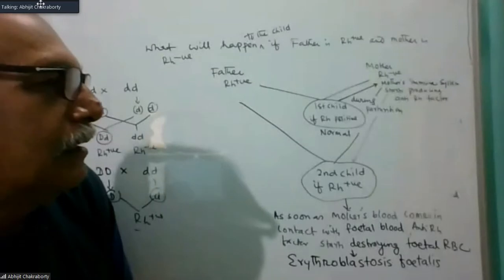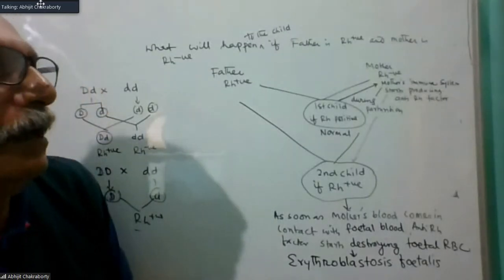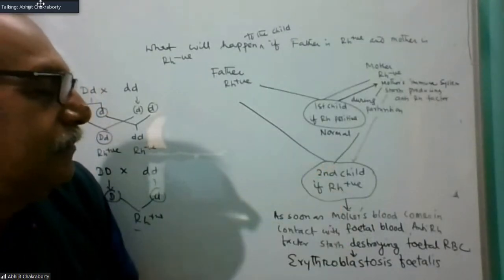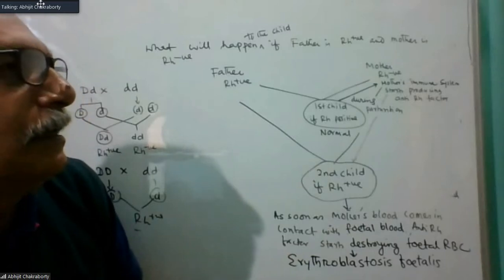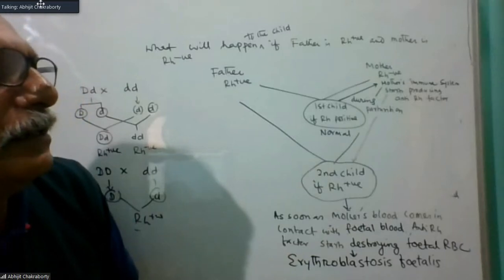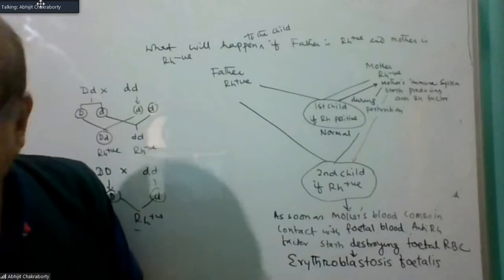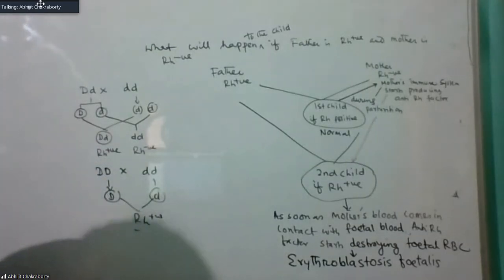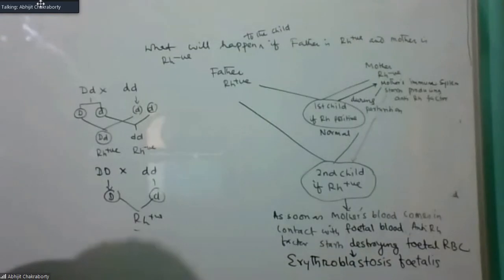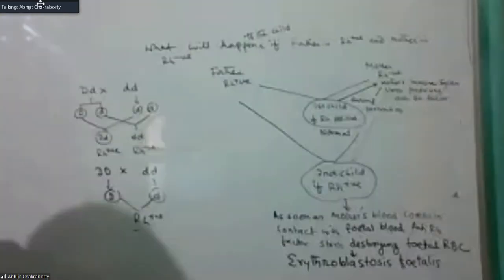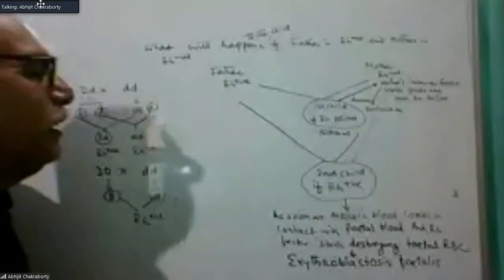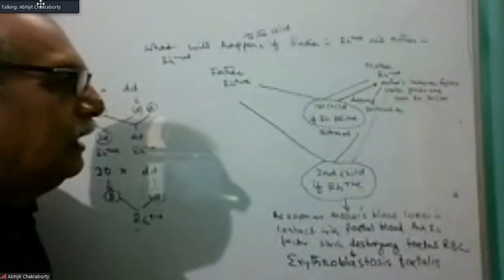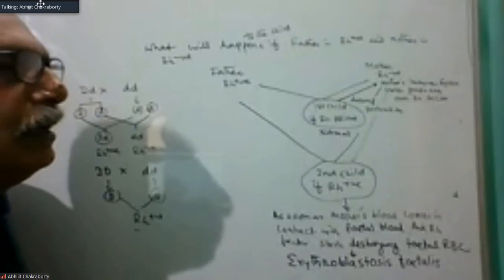When the mother's blood comes in contact with the fetal blood, in this case, the anti-Rh factor already developed in the mother's blood starts destroying fetal RBC, leading to erythroblastosis fetalis. This anti-D or anti-Rh factor is found to be present in the infant's blood for at least 1 week after birth and starts destroying more and more RBC.